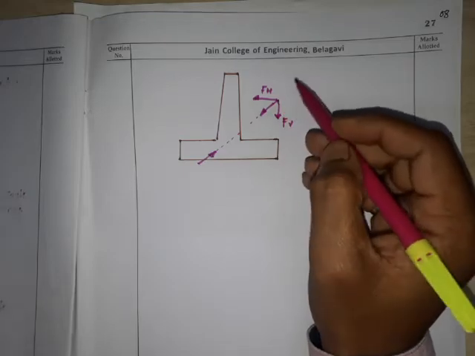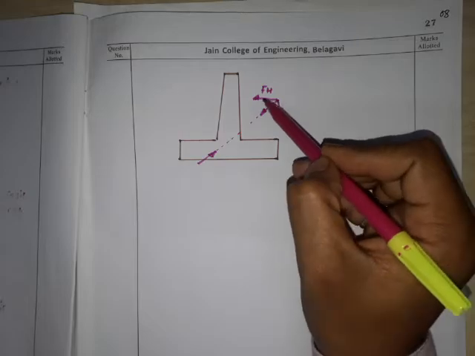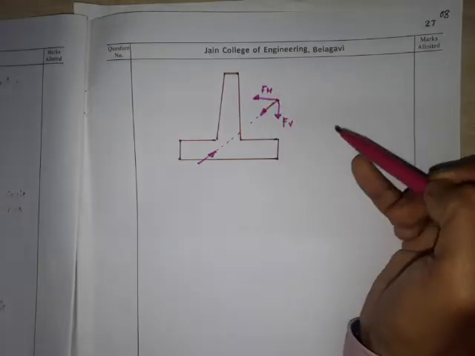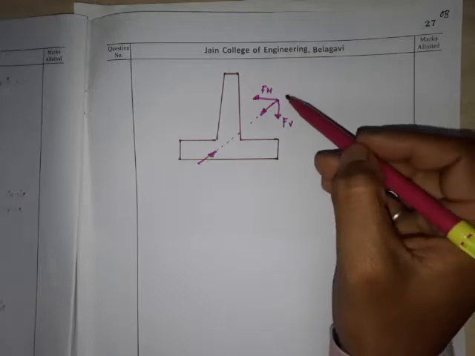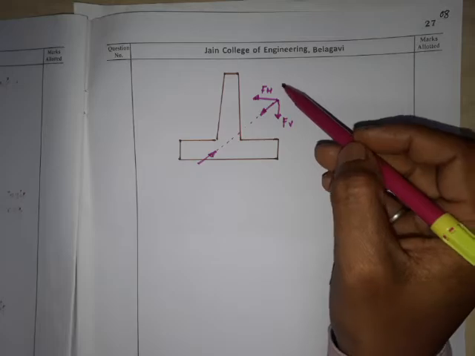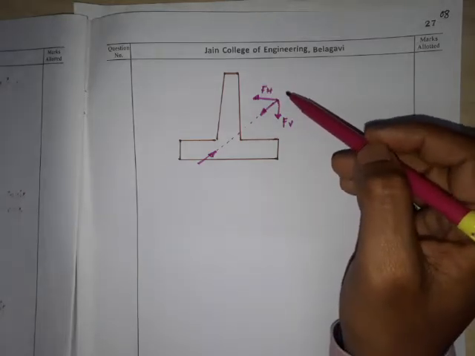So basically the retaining wall has to resist one horizontal force and one vertical force. The horizontal is nothing but the lateral earth pressure; the soil will develop earth pressure in the horizontal direction.